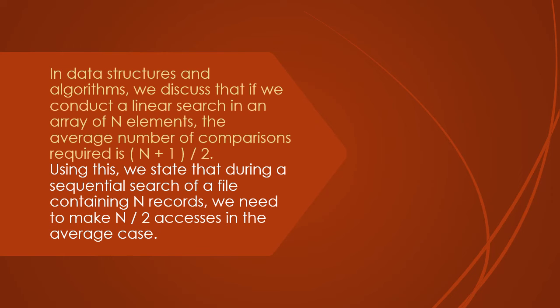In data structures and algorithms, we discuss that if we conduct a linear search in an array of n elements, the average number of comparisons required is (n+1)/2. Using this, we state that during a sequential search of a file containing n records, we need to make n/2 accesses in the average case.